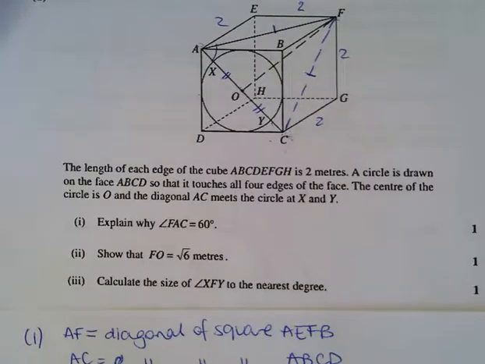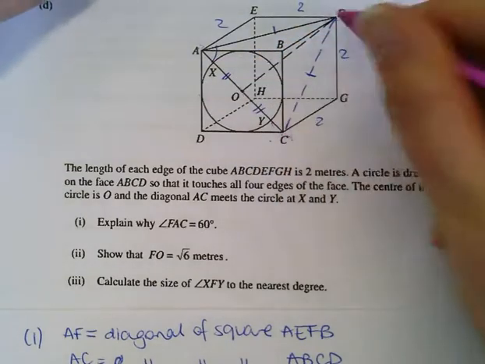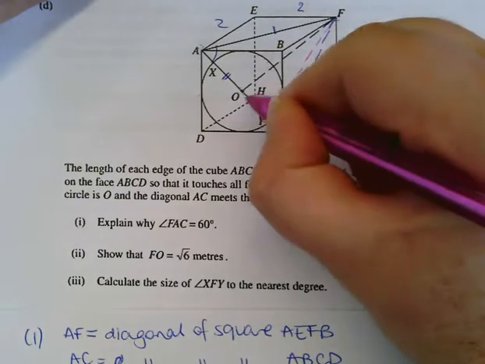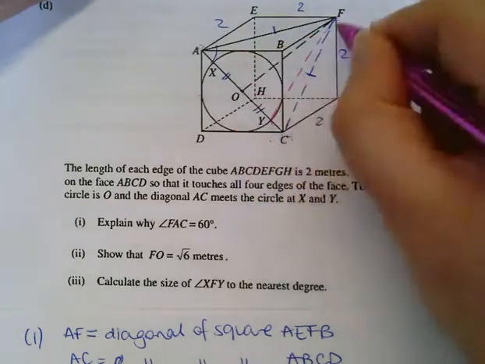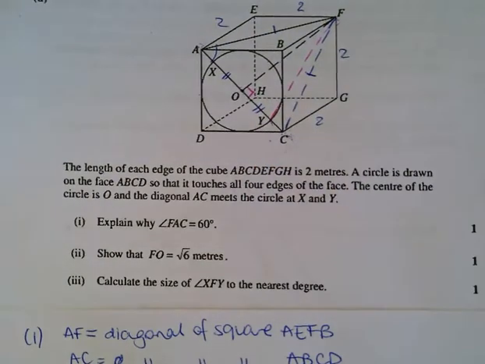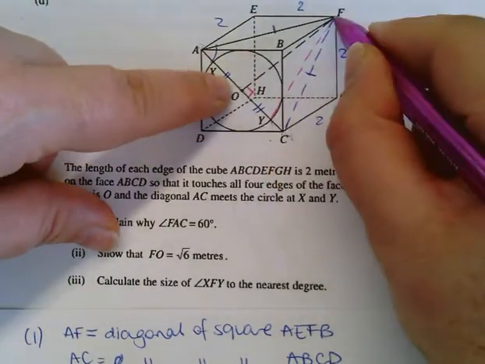Just find the size of angle XYF. So I'm going to draw a pink line here. Now XYF is the same as the size of angle OYF, which probably is a better one to do because I've got a right-angled triangle here. I know the length of OF.